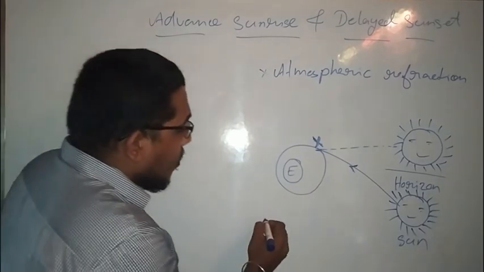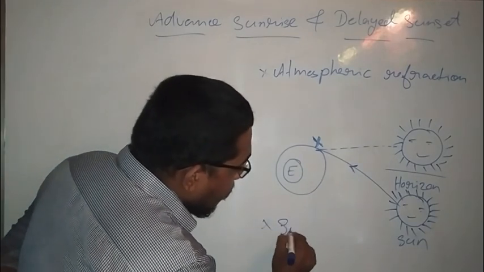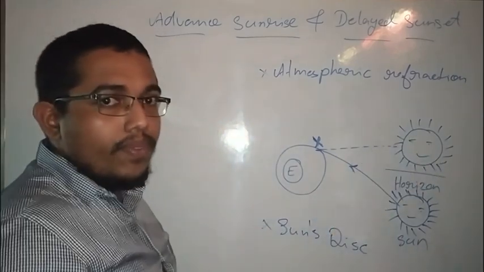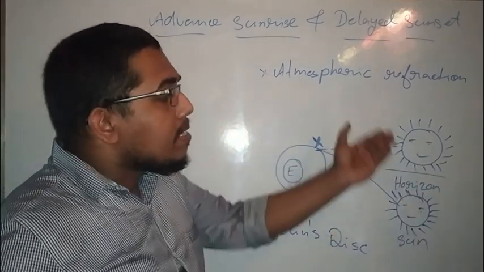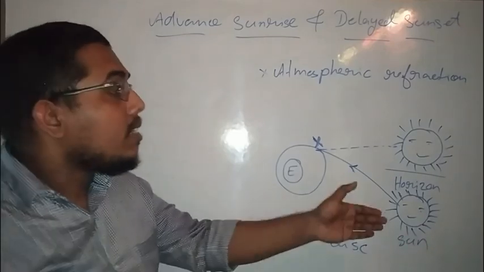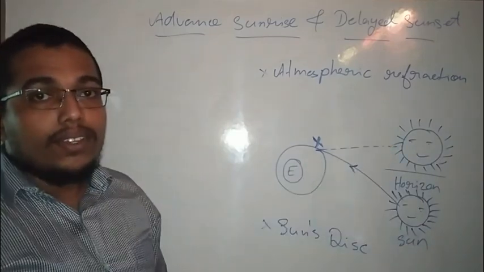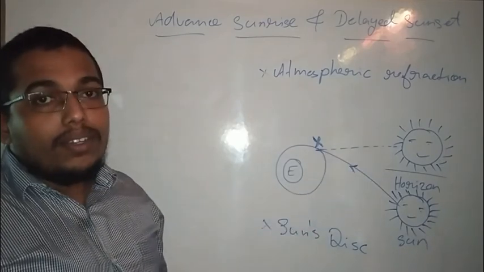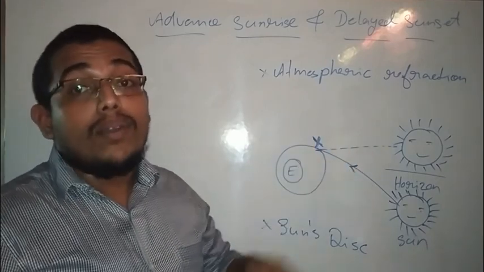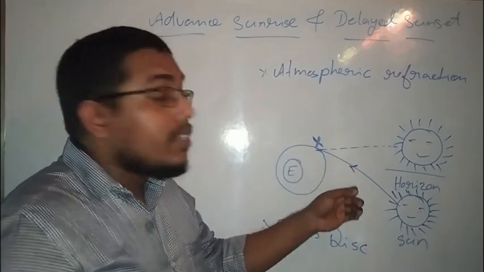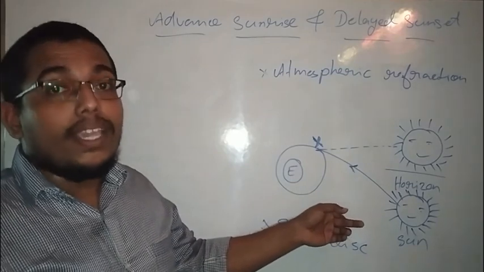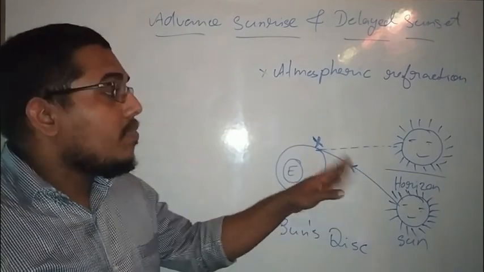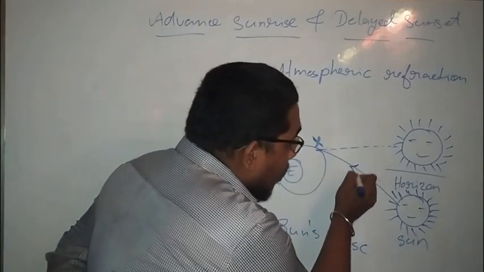Another important point is the sun's disk, means the shape. At the time of sunset and sunrise, we know that the sun is just near to the horizon, right? So the light refraction takes place in the atmosphere, but at different amounts, or the refraction of light takes place unequally. Means refraction takes place in different angles or different ways. They are not equal.